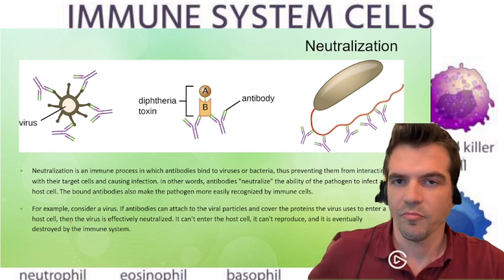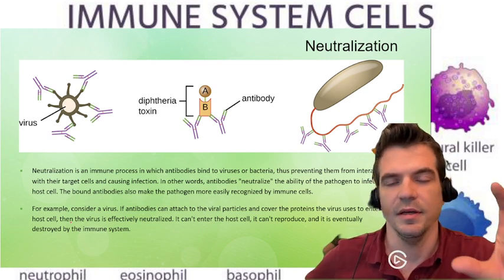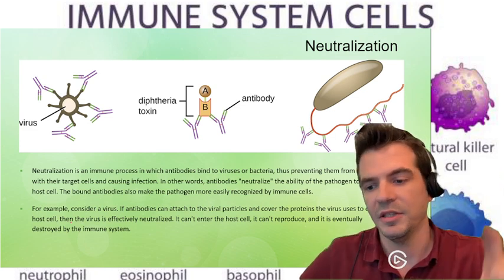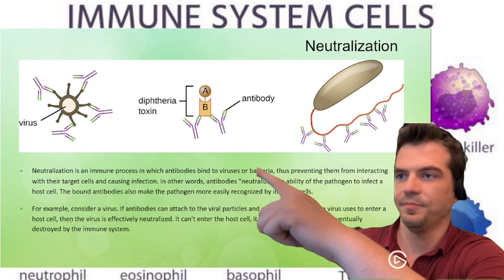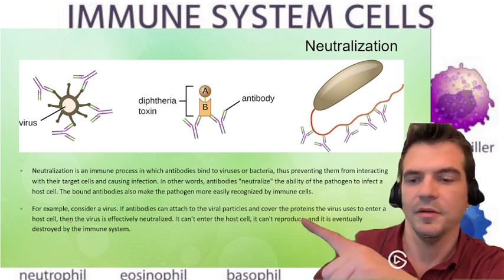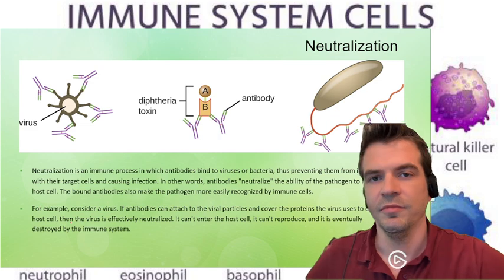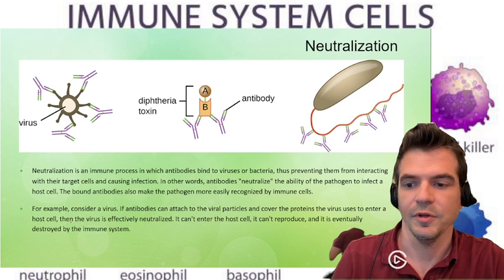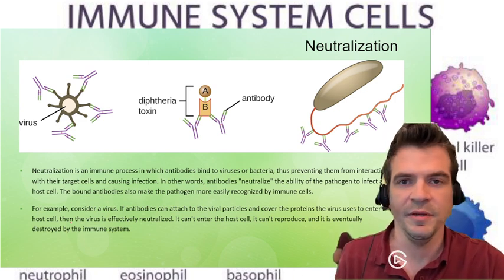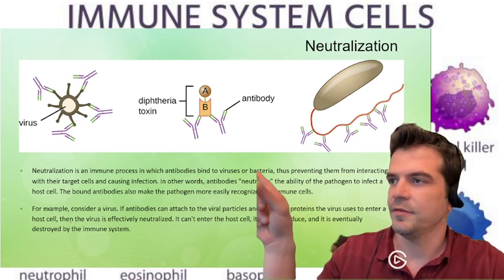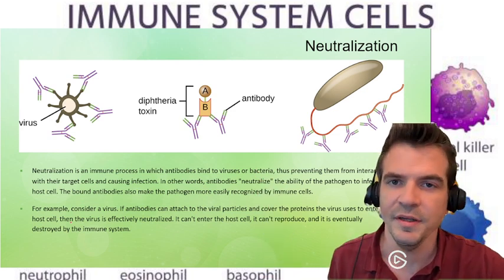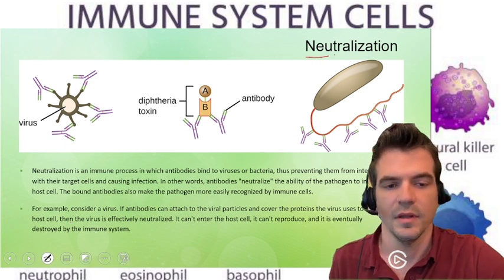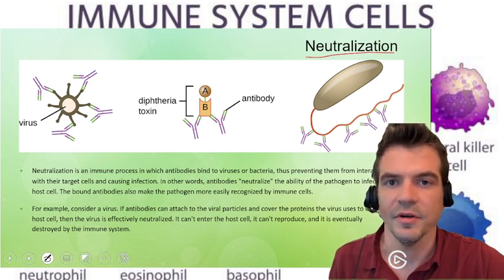Okay, so we've made specific antibodies for said pathogen, a virus, okay? And that Fab region will bind to a spike on the virus. One of the spikes, maybe. And if enough of them bind to the spikes, they will effectively neutralize the virus. How?